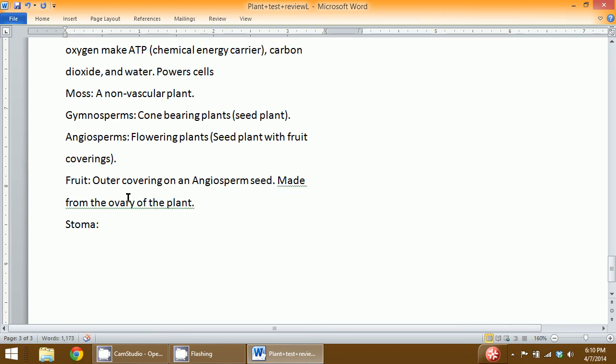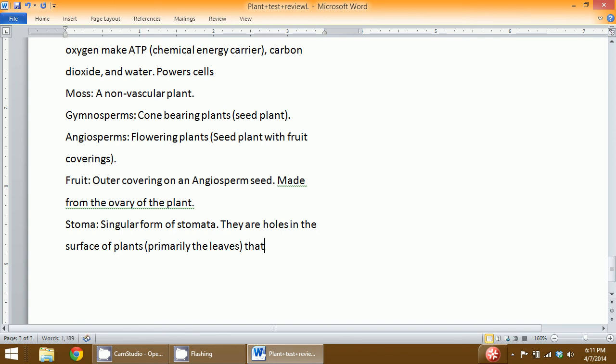The stoma. A stoma is the singular form of stomata. They are holes in the surface of plants, primarily the leaves, that allow carbon dioxide and oxygen to go in and out.